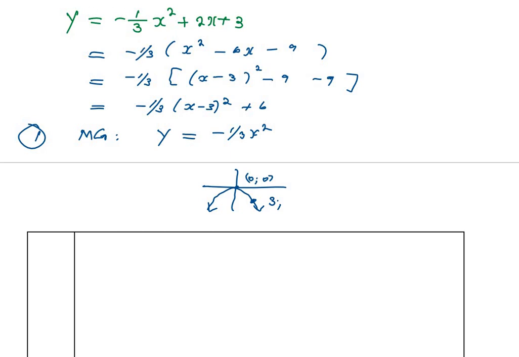You'll still get marks for your translation, of course, but you are going to lose marks because your coordinates are wrong. So just check that that definitely gives you 3, minus 3 and so on. Okay, so there we've got 2 points. We do not need to do more than 2 points.